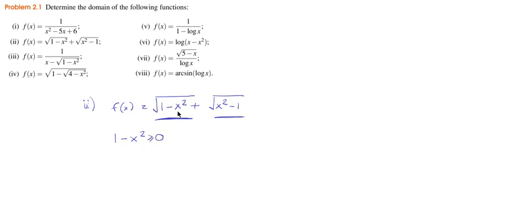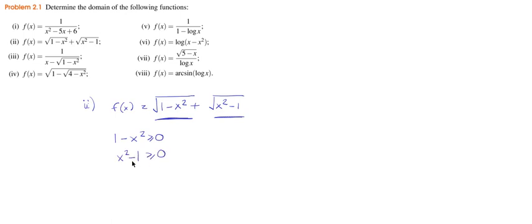Otherwise we don't have a real number out of this. If we were talking about complex functions, this would be different, but in real functions the square root is only defined for positive arguments. So this has to be greater than 0, and this has to be greater than 0.